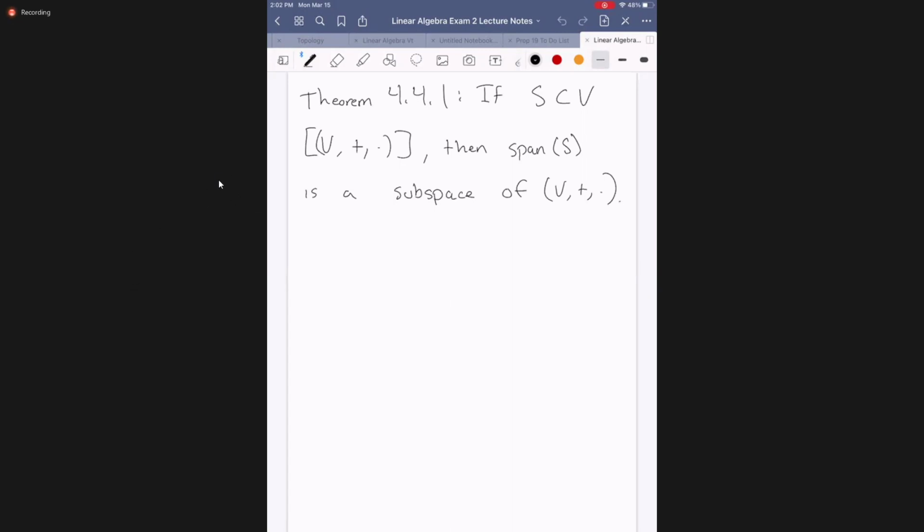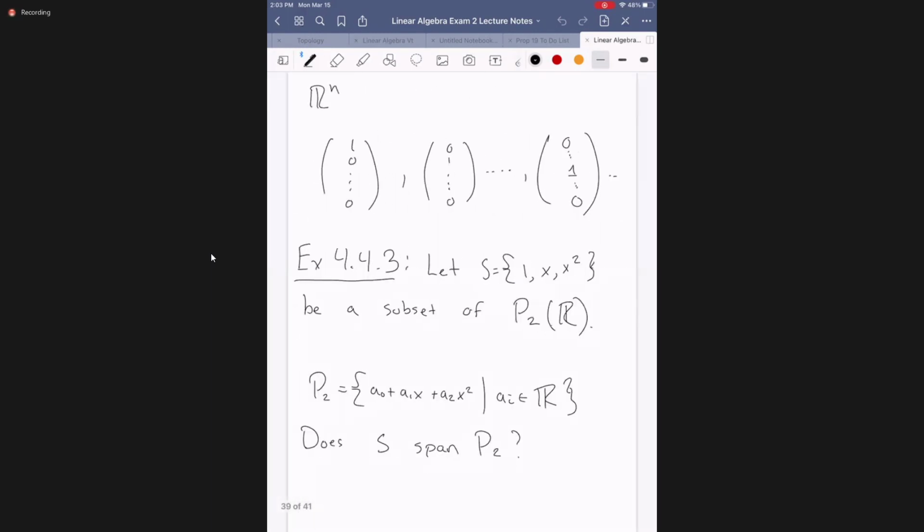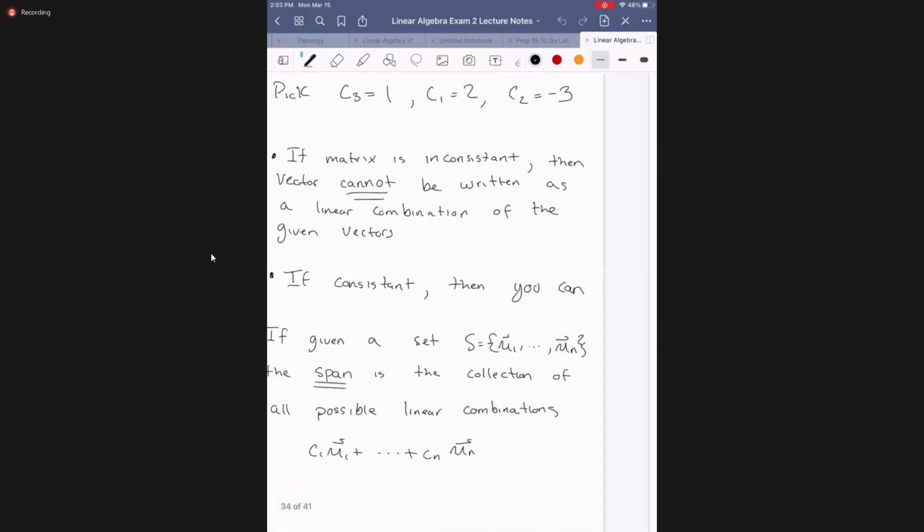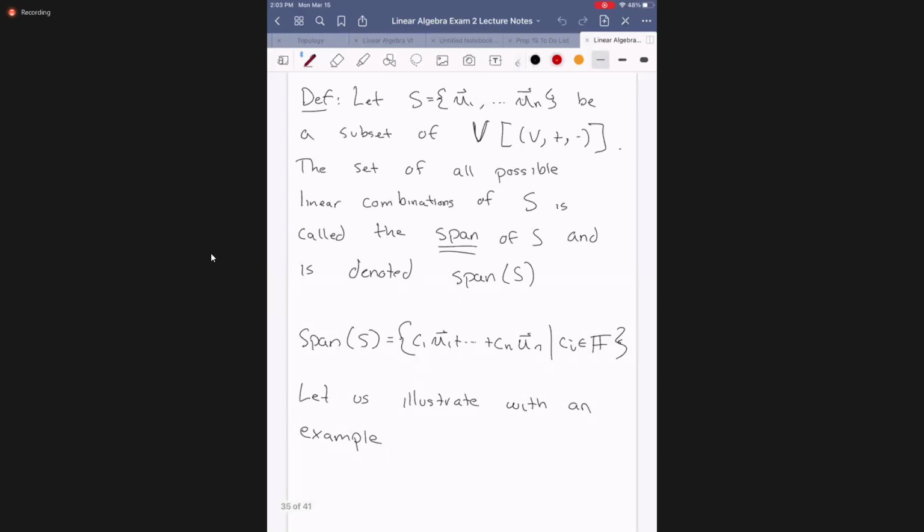Okay, so last time we talked about the concept of linear combinations, right? I already introduced that concept earlier in the course, but I introduced it again. Remember, linear combinations is just if you have a set of vectors, you combine them. A vector v is a linear combination of another set of vectors if v can be written in this way, right?